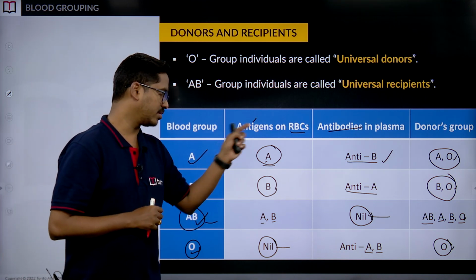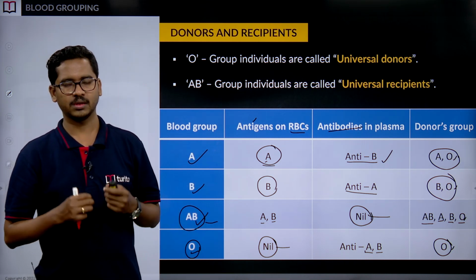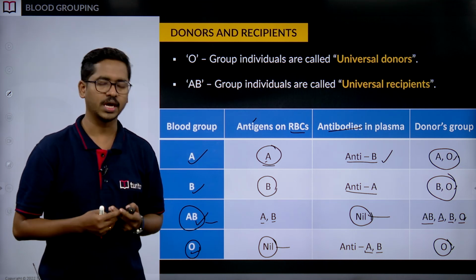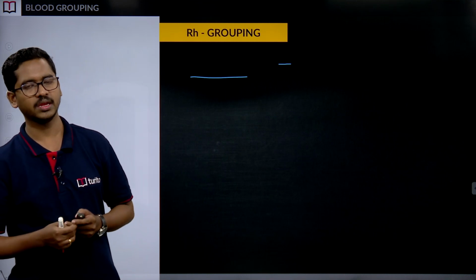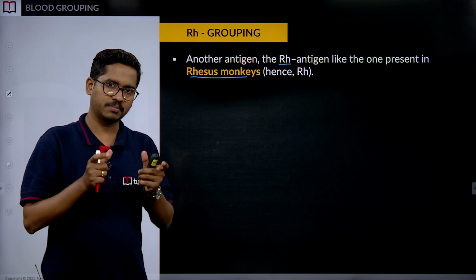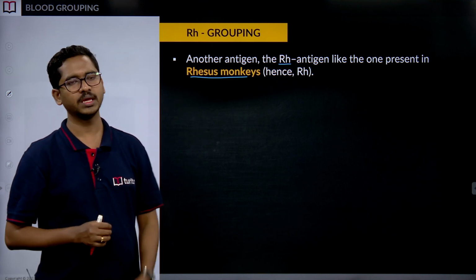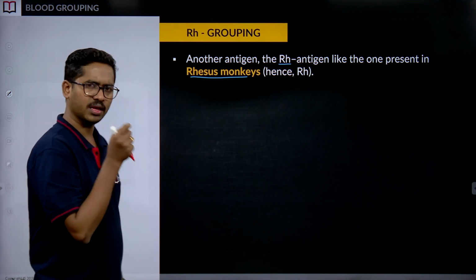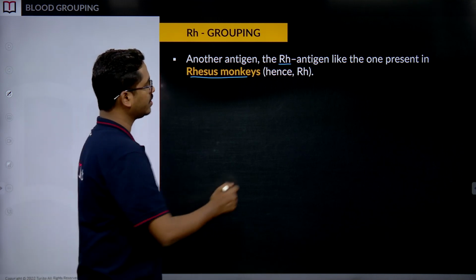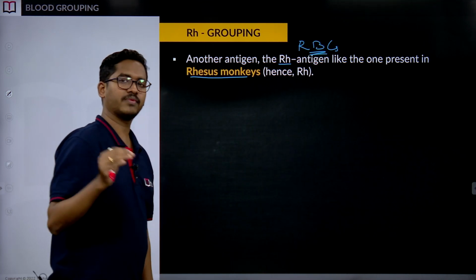Now, these antigens are present on the surface of the RBCs. No one had much understanding of that, but for the first time, they tried to find out in a monkey, commonly known as the rhesus monkey. They analyzed the blood sample of that monkey and found a protein-like substance present on the surface of the RBC.